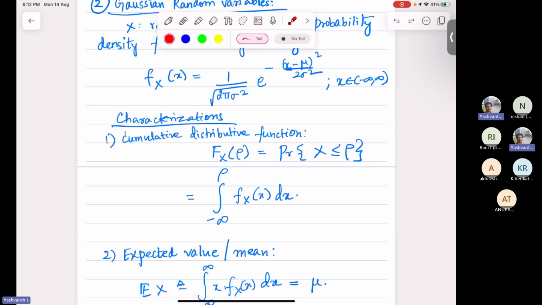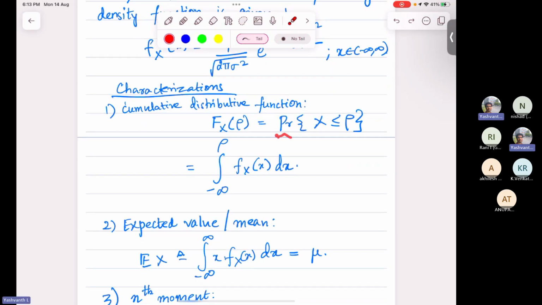It is denoted by capital F subscript X, indicating which random variable I am denoting, of rho. Rho is basically the number, the input to this function. It is defined as the probability that the random variable X takes a value less than or equal to rho. It's just a simple definition.